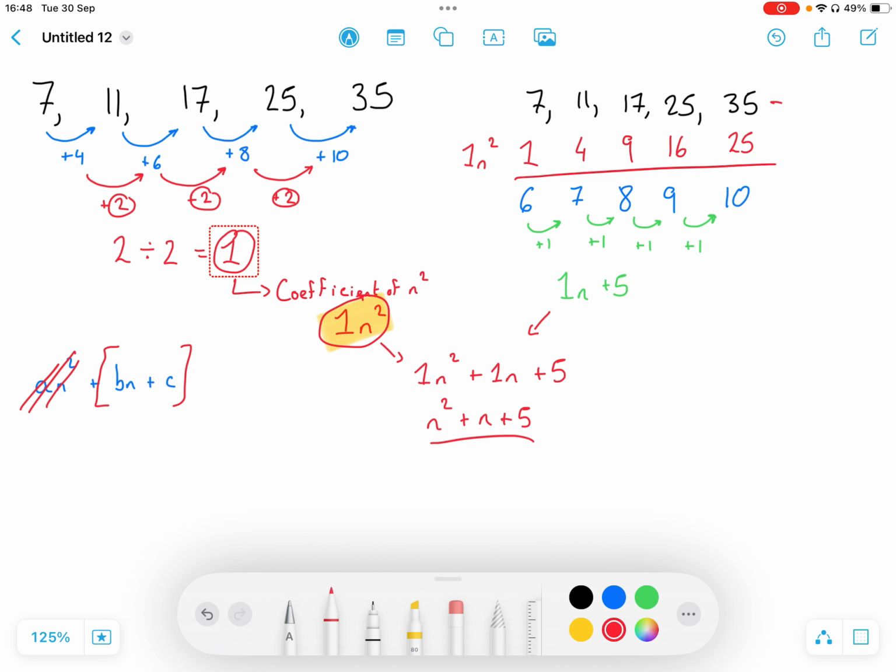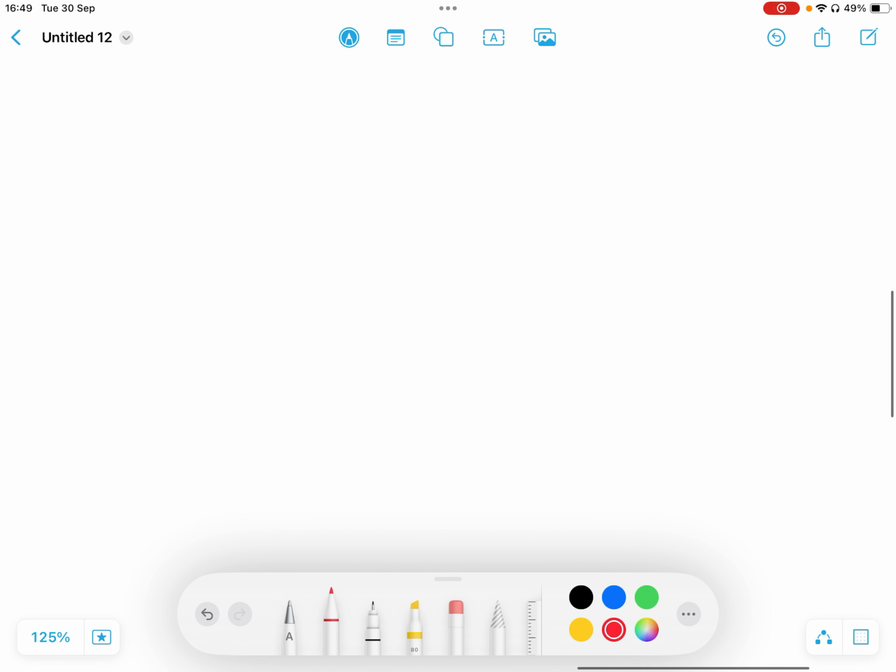To recap, there are 5 important steps, which I'm going to go over here and write. Step 1, find the secondary difference. So I found the differences, and then I find the differences of those differences.